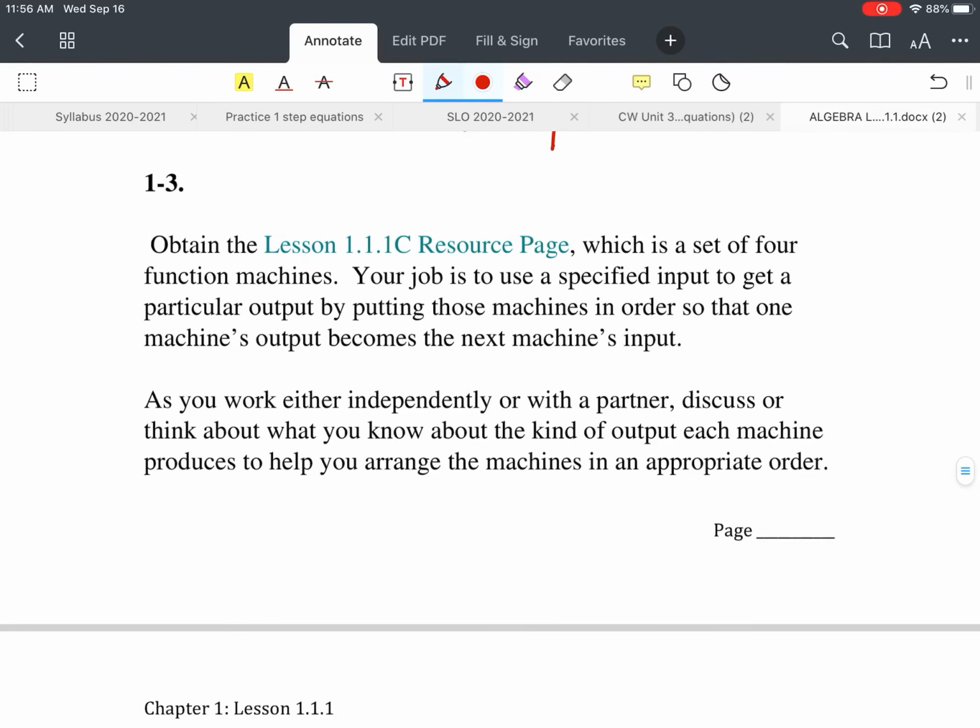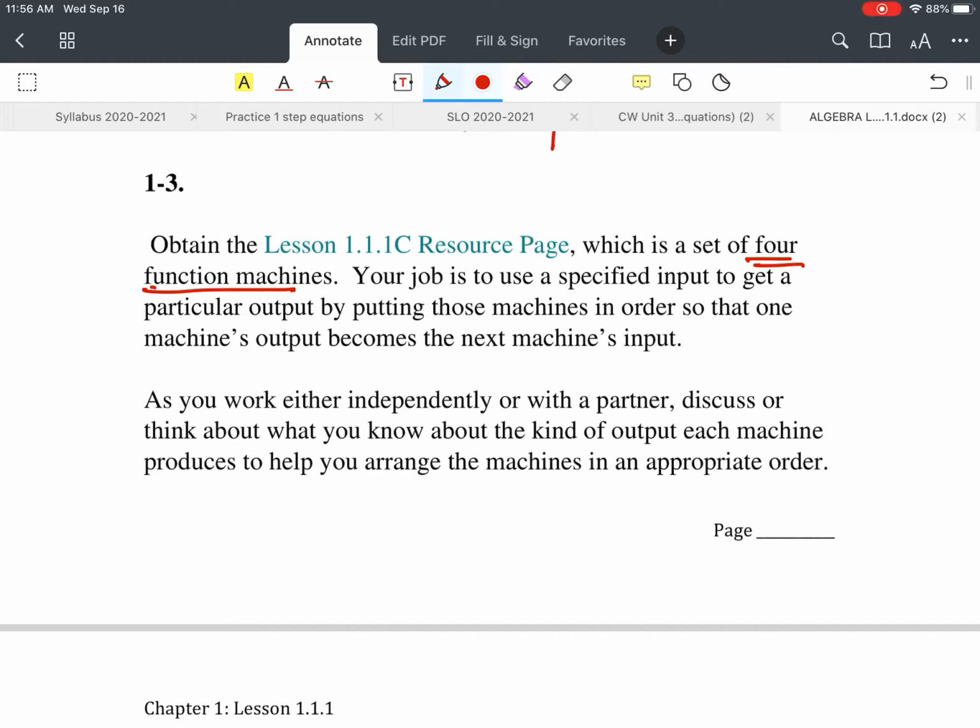So now we're going to have a little fun. Now this was meant to work in teams, but since I'm not there today, I'm going to kind of shorten this. It says, obtain the lesson 1.1.1 resource page. Well, I kind of made things a little bit easier for us. So I put the resource page on the next page. It says of 4 function machines. You'll see those functions in just a minute.